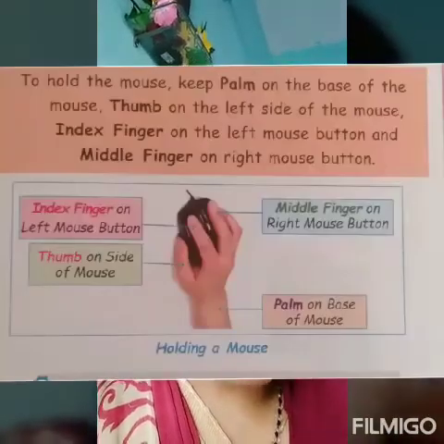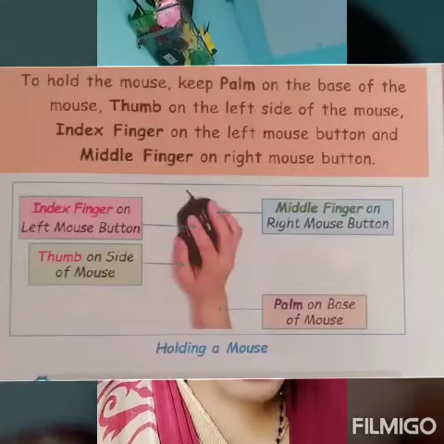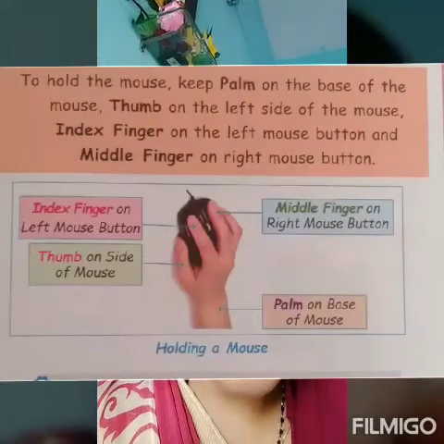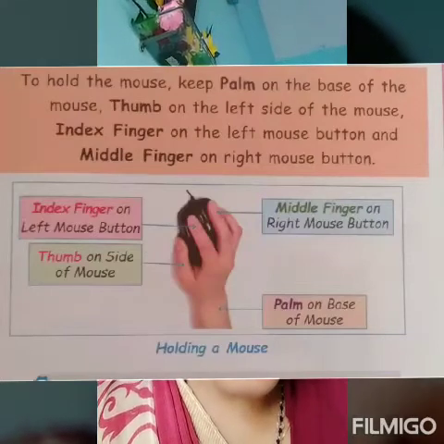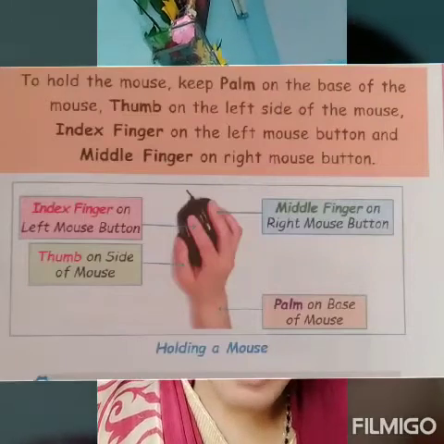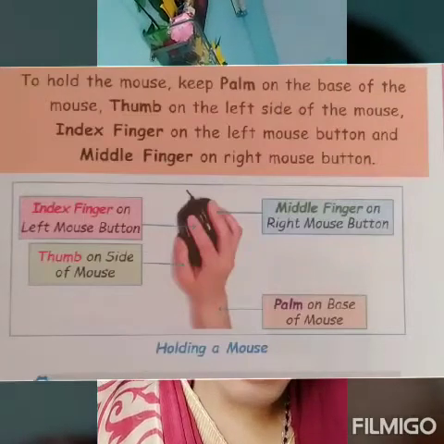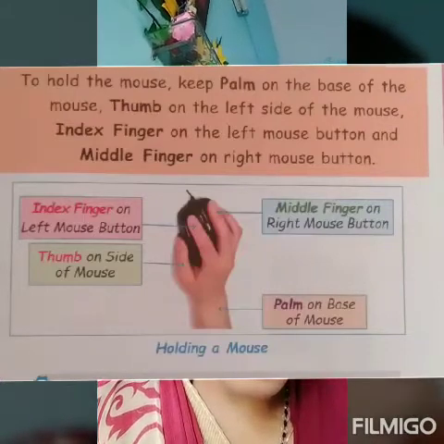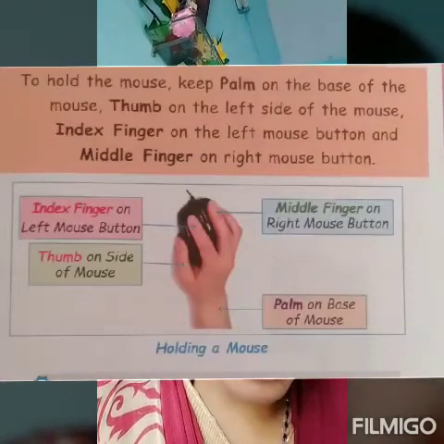To hold the mouse, keep the palm on the base of the mouse, thumb on the left side of the mouse, index finger on the left mouse button and middle finger on the right mouse button. So see the picture how they are holding the mouse.